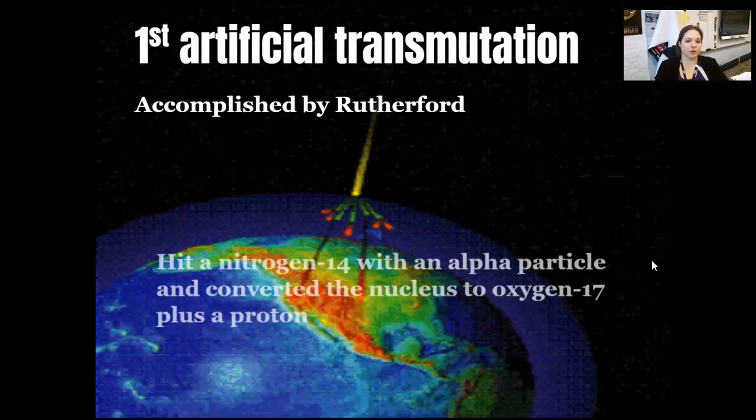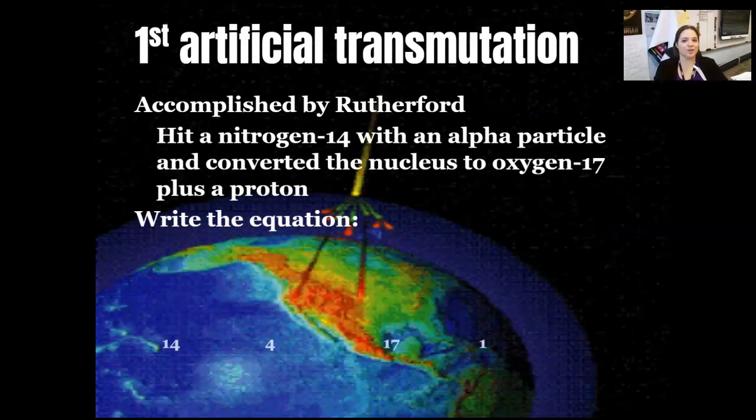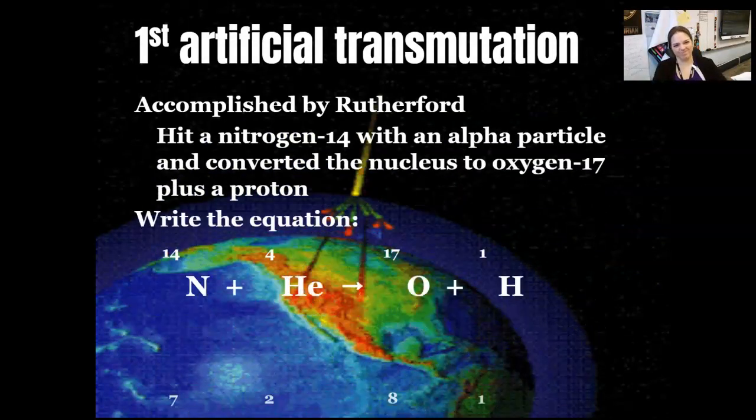So first, artificial transmutation. This was accomplished by Rutherford. He hit a nitrogen-14 with an alpha particle and converted the nucleus to an oxygen-17 plus a proton. So remember what we were talking about before, you've got conservation.